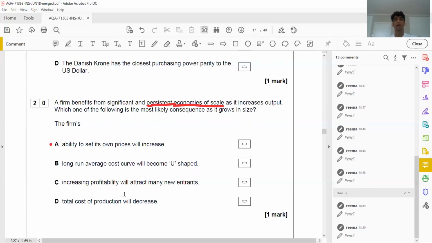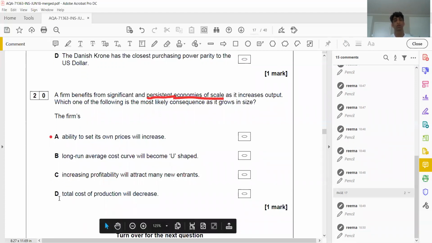But remember, in our theory of contestability, if the market is not contestable, meaning that it has significant barriers to entry, whether that's the government erecting artificial barriers to entry, or natural barriers to entry, such as very high fixed costs, you can't assume that increasing profitability will attract many new entrants, because even if I want to enter this highly profitable industry, I may not be able to. And as a result, C is out as well.